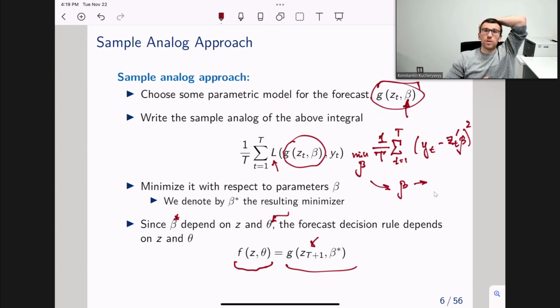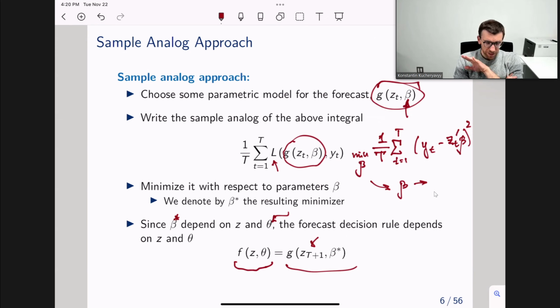It is an issue because ultimately the model selection is a big issue, and by doing the sample analog approach, we are restricting ourselves in the model selection procedures. But where does this restriction come from? So let me repeat.